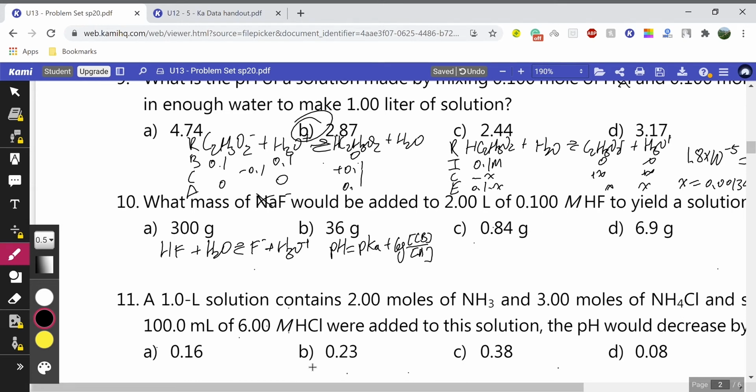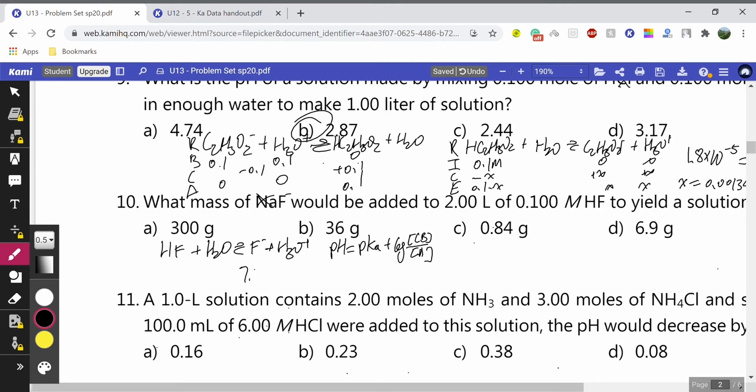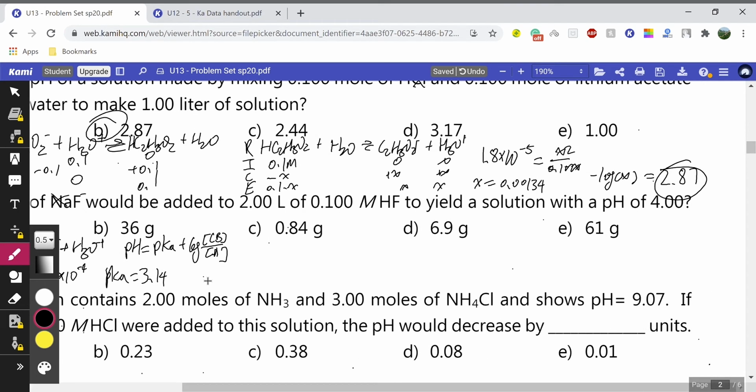Well, the K for HF is 7.2 times 10 to the negative 4th power. That is a Ka. So the pKa will be the negative log of 7.2 times 10 to the negative 4th power, which is 3.14. The pH, it told us, is 4.0.